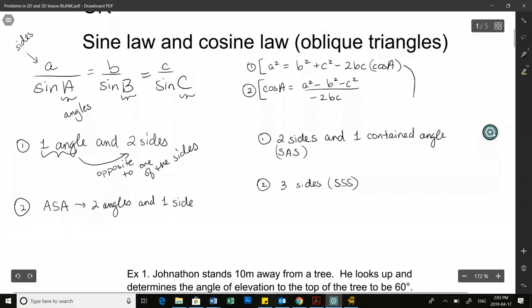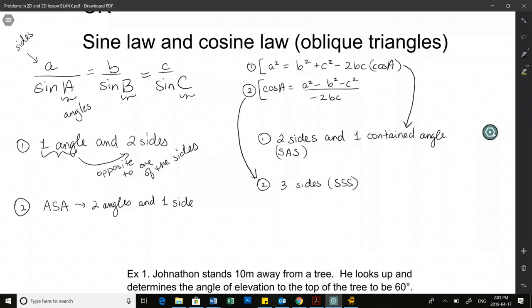Okay, so I'm going to use formula number 1 when I have this, and formula number 2 when I have the three sides. Okay, of course, I can always use either one of these and isolate for what I'm looking for. That's always a possibility that we can do that.